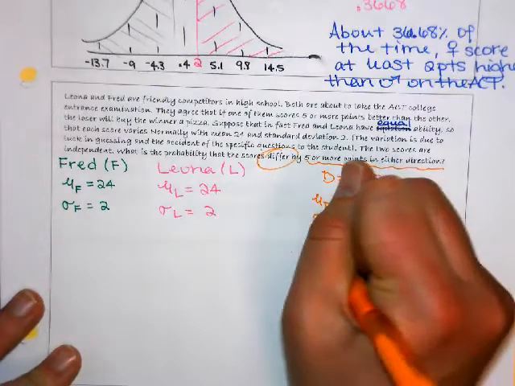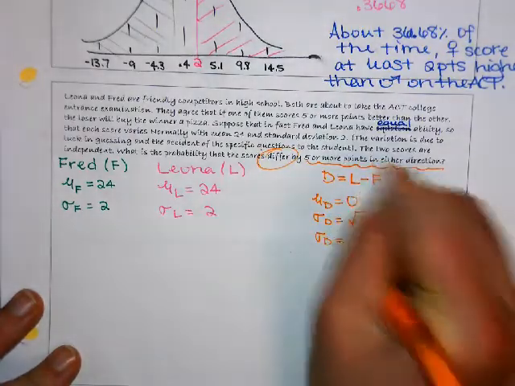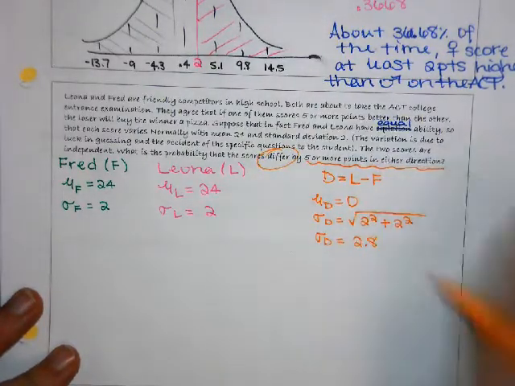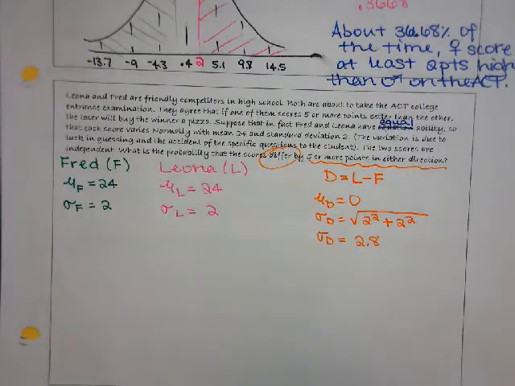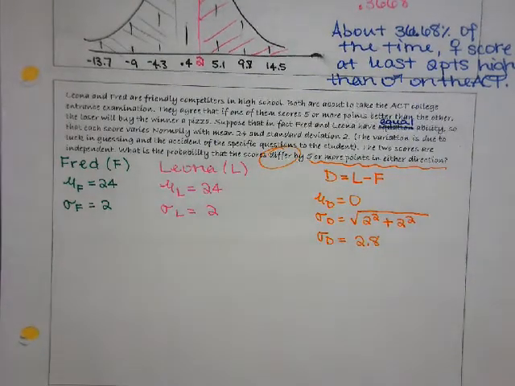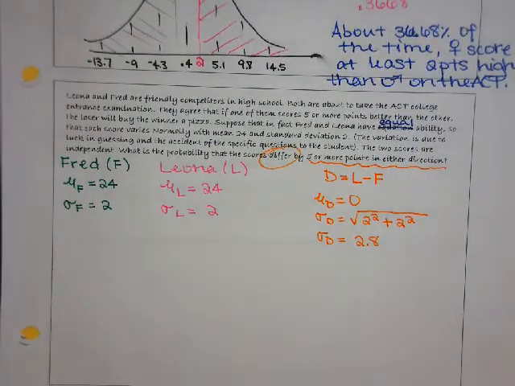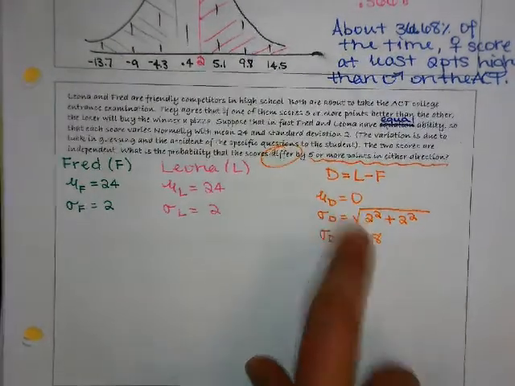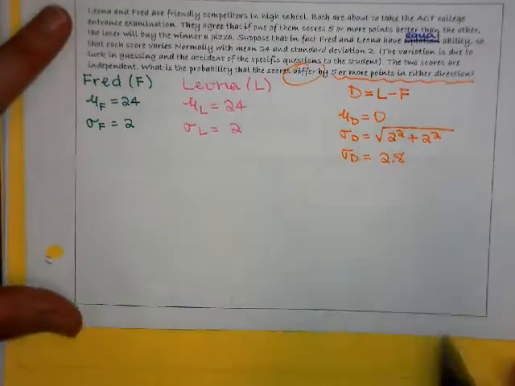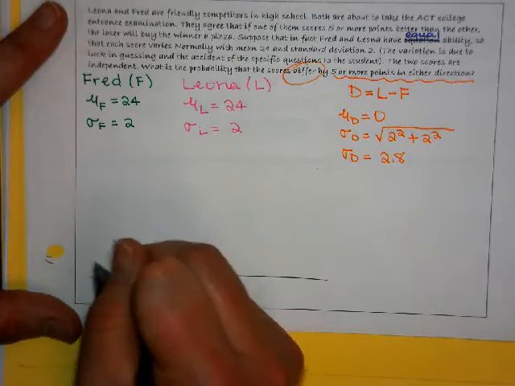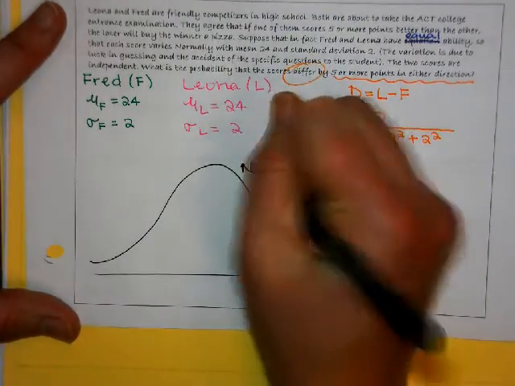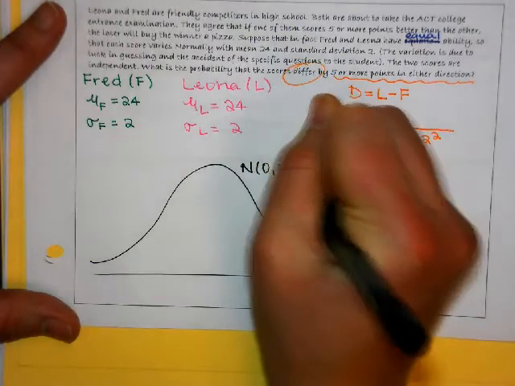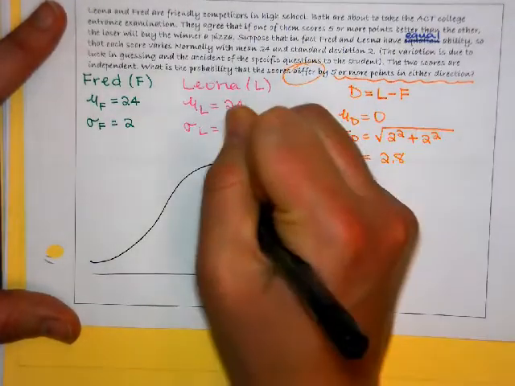So, now we're going to draw our normal curve. It's got a mean of 0, standard deviation of 2.8. That would be 5.6, 7.6, 8.4.